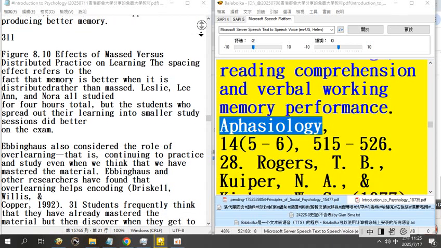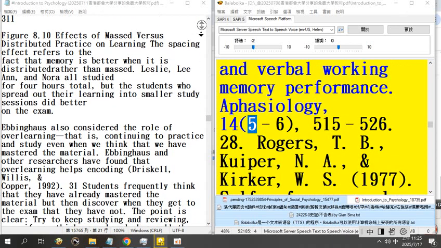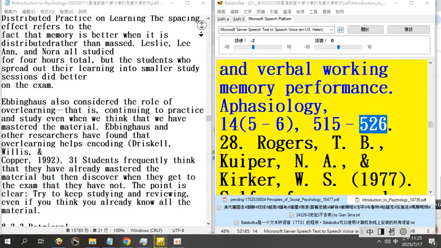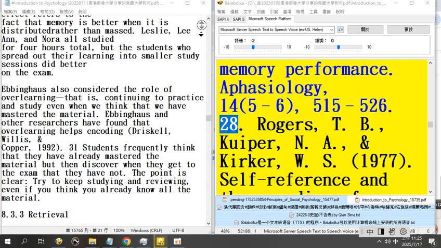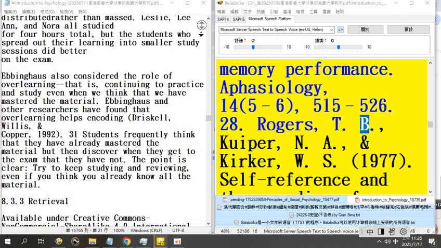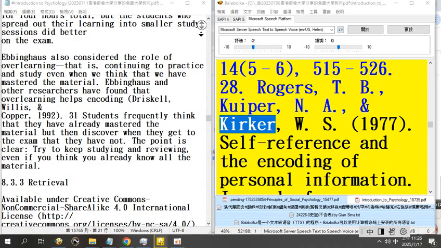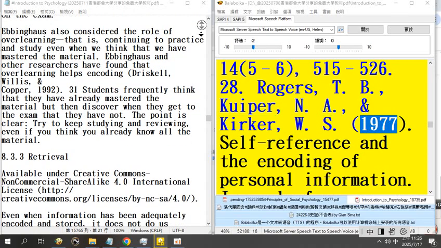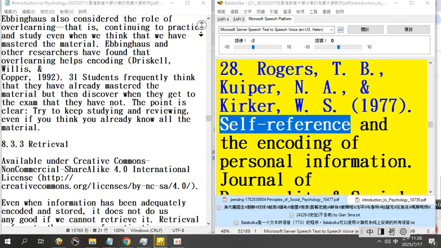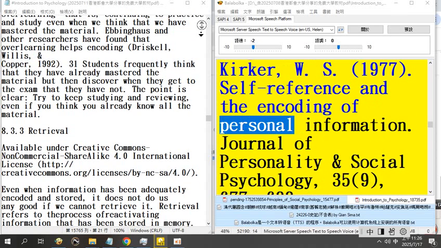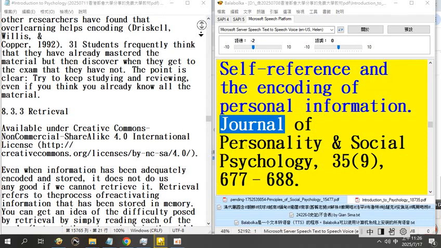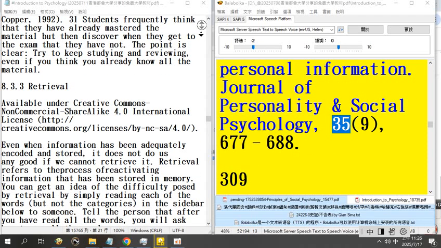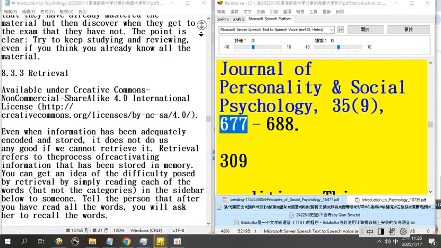Aphasiology, 14, 5, 6, 515-526. 28. Rogers, T.B., Kuiper, N.A., and Kirker, W.S. 1977. Self-reference and the encoding of personal information. Journal of Personality and Social Psychology, 35, 9, 677-688.